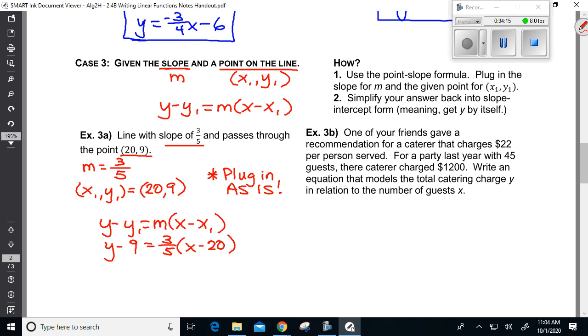First step, plug in everything. Now we simplify. So simplify means get y by itself. So 3/5 times x minus 3/5 times 20. 3 times 20, 60, divided by 5, 12.